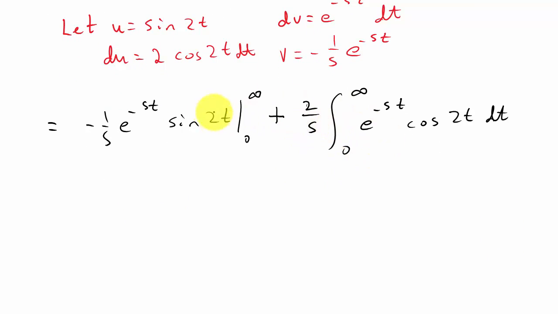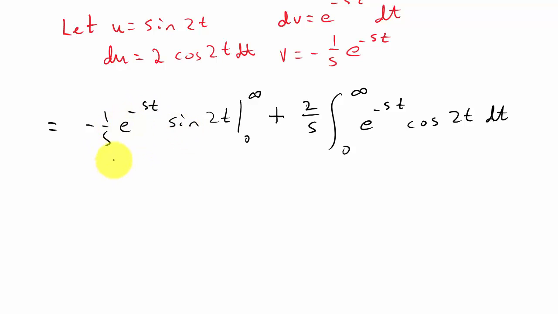Alright, so let's look at this. Let's see if there's something we can do before we go on. Well, if we look at this part right here, if I take the limit as t goes to infinity, this is going to come down into the denominator.